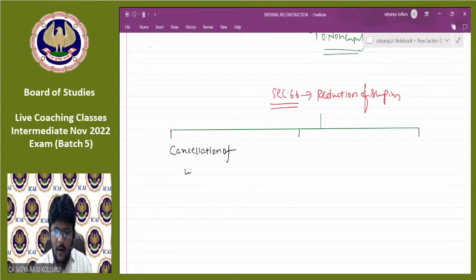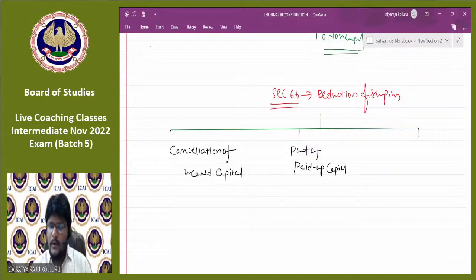Another one is payment of paid up capital. And another one is sacrifice made by shareholders. Consider it, guys.